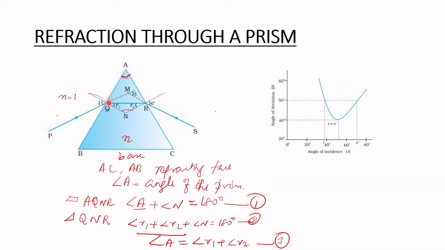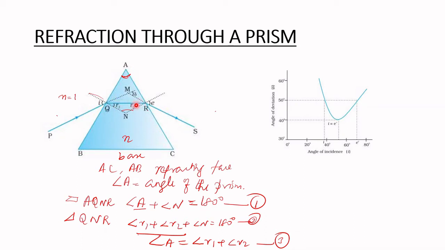The angle here is R1, so this angle will be I minus R1, because opposite angles of two crossing lines are equal, but there is a cut over here by this refracting ray. So this part of the angle is R1, meaning its upper part will be I minus R1. Similarly, this E should be repeated here, but there is a partition by this refracting ray.